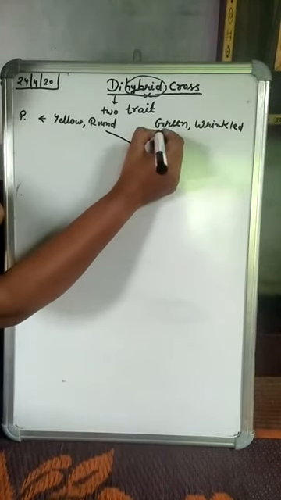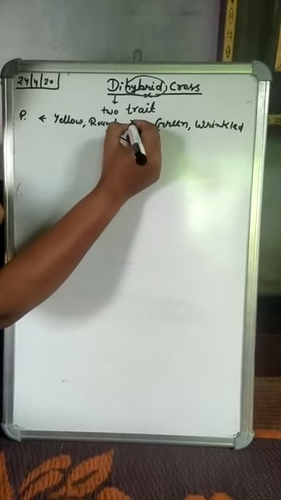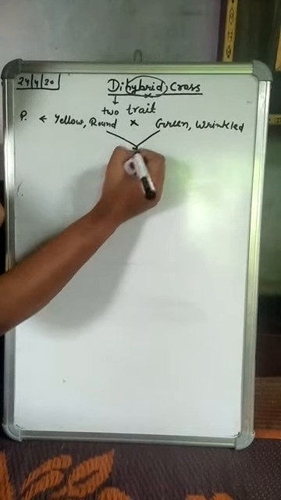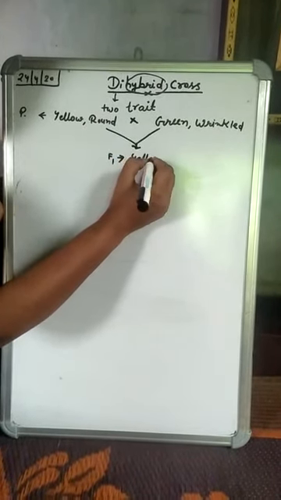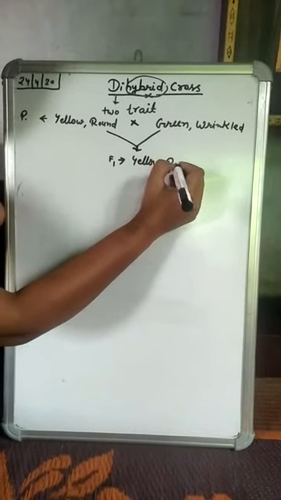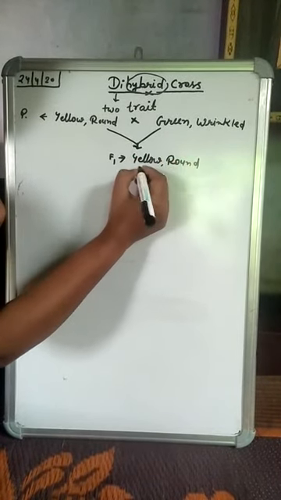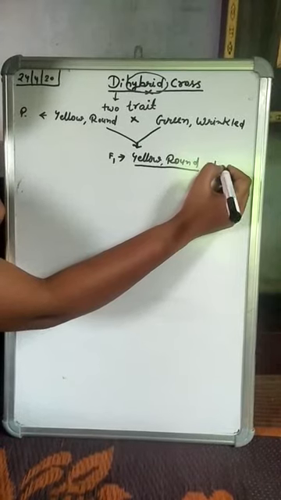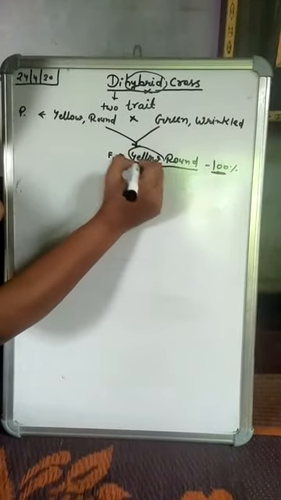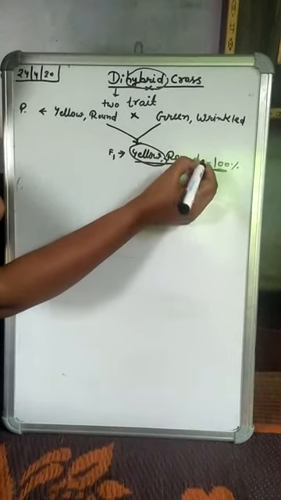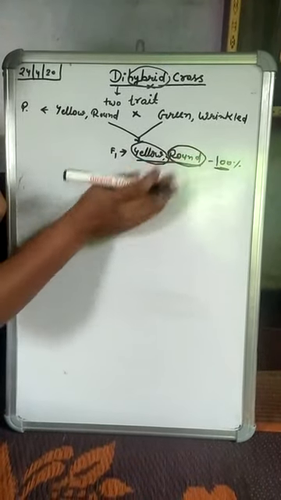When he crossed them by cross pollination, in the first generation the result he got was yellow color and round shape, 100%. That shows that yellow color is the dominant feature and round shape is the dominant feature.